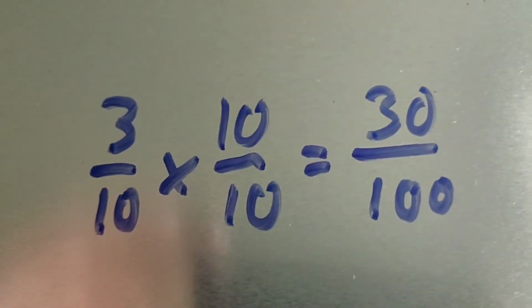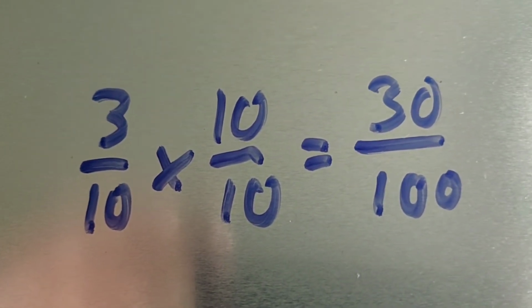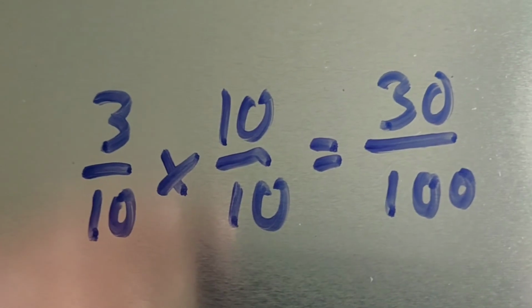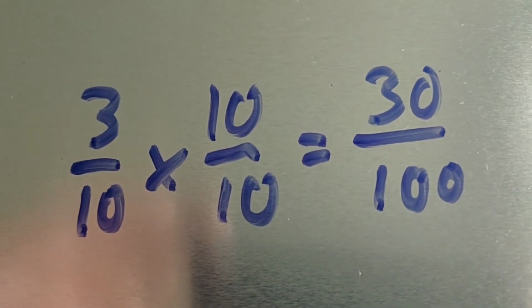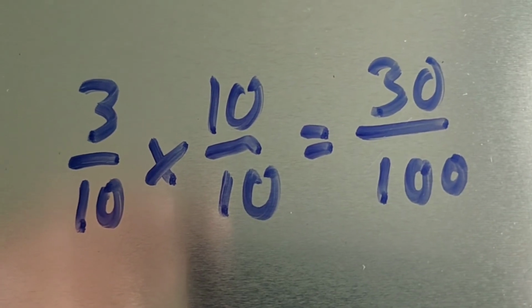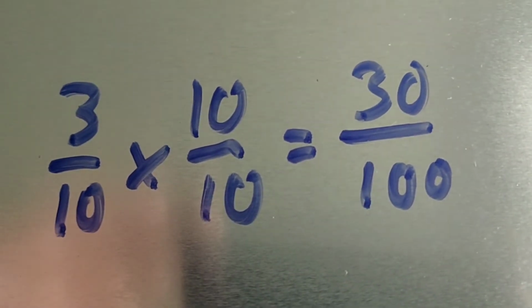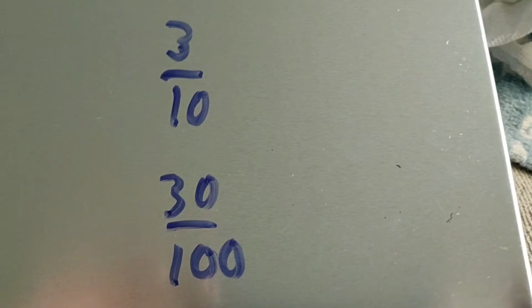And when we're going from tenths to hundredths, we're always going to end up multiplying by 10/10. So we'll multiply that original fraction, 3 tenths, by 10/10, and here we'll get 30 hundredths. So 3 tenths is 30 hundredths.